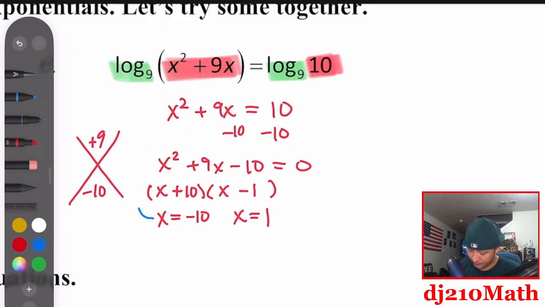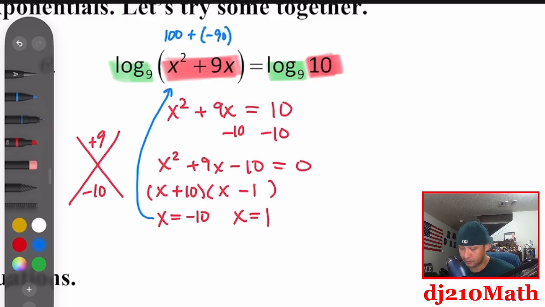When I plug in negative 10 here, I get negative 10 squared is 100, plus negative 10 times 9 is negative 90. So 100 minus 90 is 10. Okay, so negative 10 works.